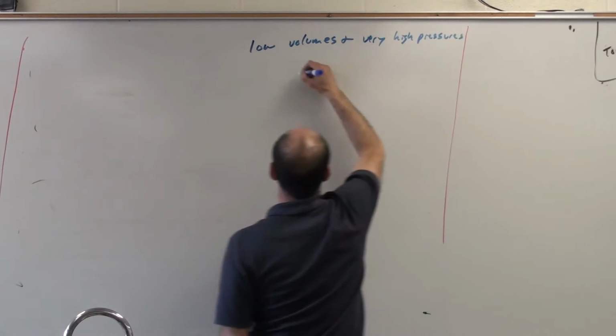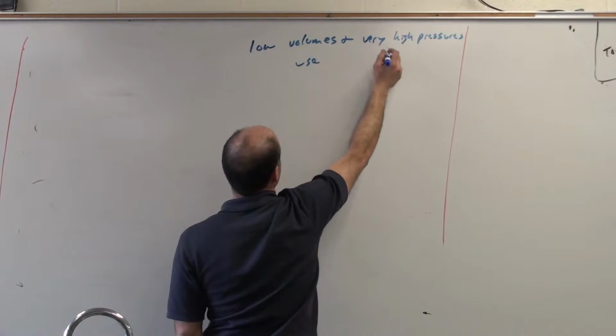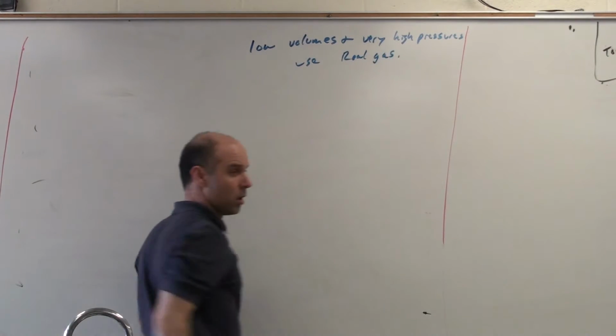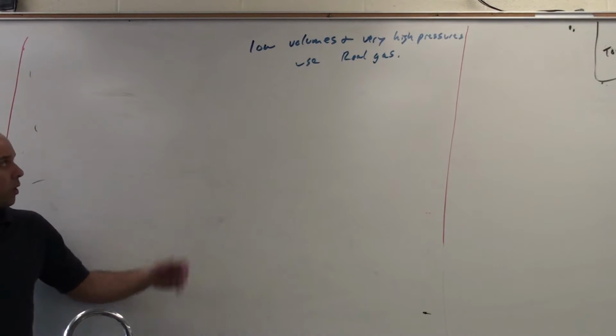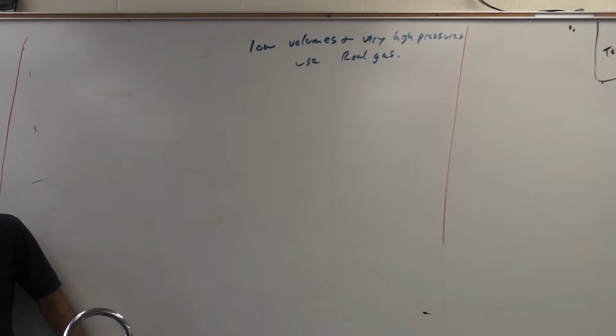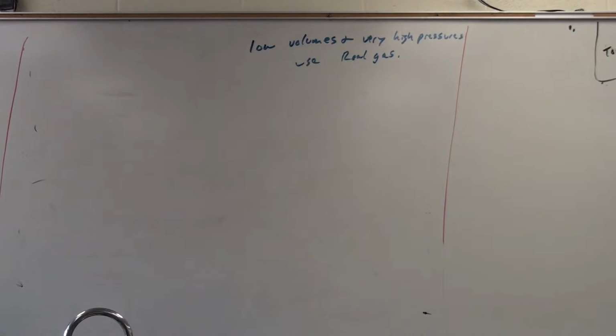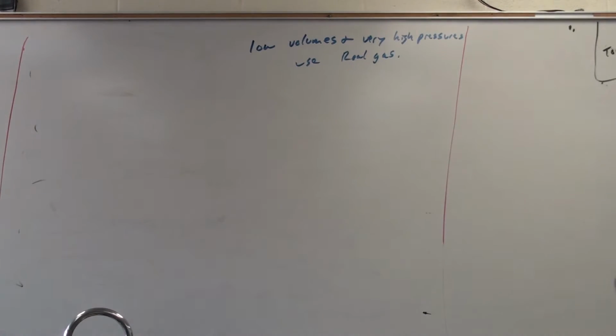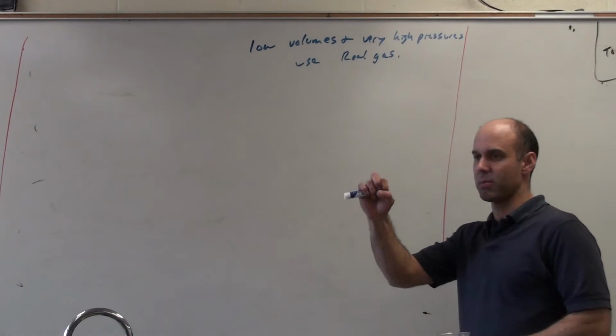You have to use the real gas equation. But most of the time, if you're dealing with normal pressures and normal volumes, the ideal gas equation will give you the exact same answer as the real one. What's considered very low? Well, it depends partly on which gas you're dealing with, but you're talking really small.